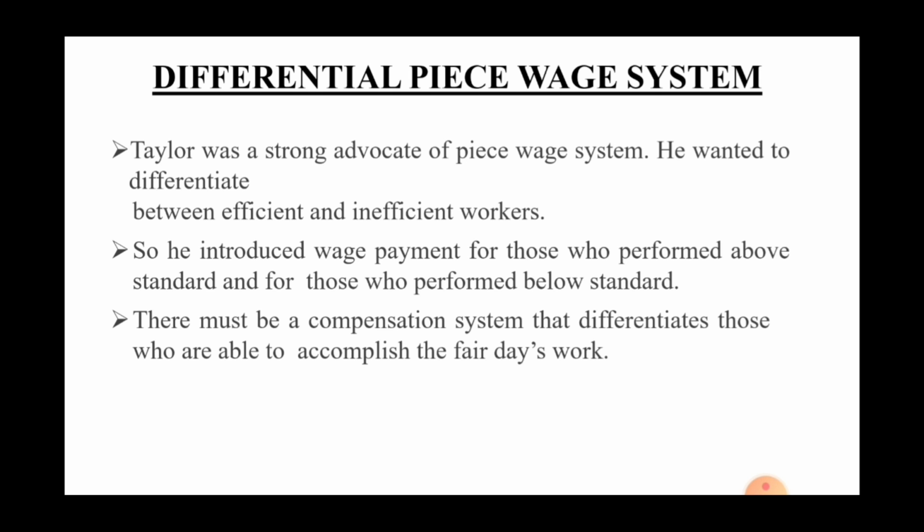Monotony: Taylor proposed specialization in jobs to increase productivity. He did not consider job enlargement for workers. This results in monotony and boredom, and workers felt bored sometimes doing the same job, which resulted in a decrease in efficiency.